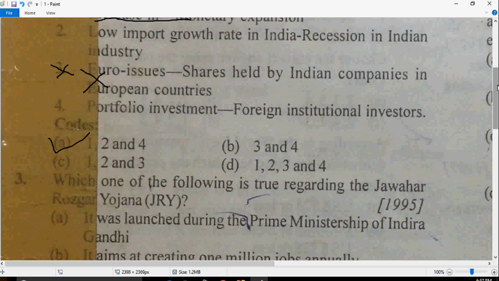ADR stands for American Depository Receipt, and GDR can also be included, that is a Global Depository Receipt.